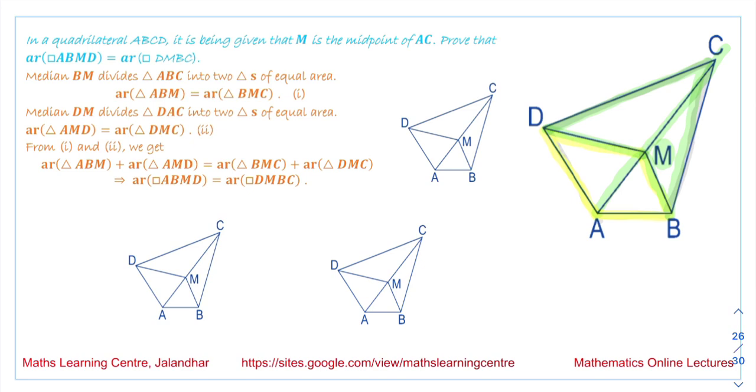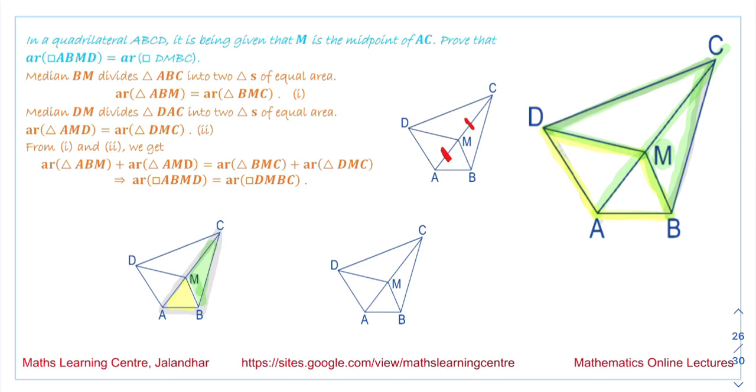So we are saying that AM and MC are equal in length. If we look at the triangle over here, ACM, the area of this triangle AMB and the area of this triangle MCB are equal. Why?